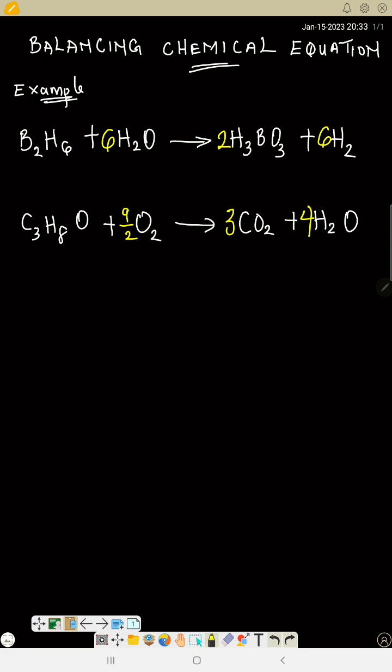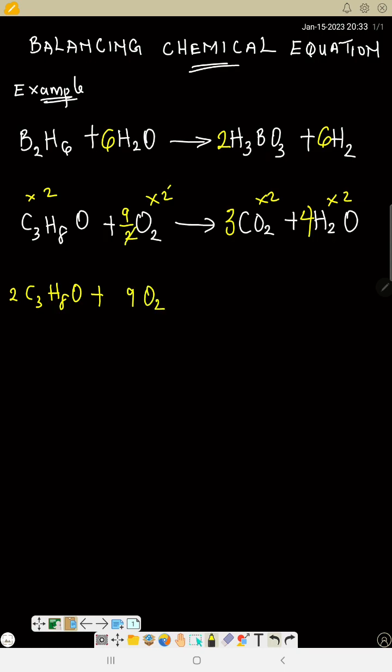But how can you clear the fraction? You now multiply everything by 2. Everything multiplied by 2, so you can clear this fraction. So now this will become 2 C3H8O plus 9 O2.